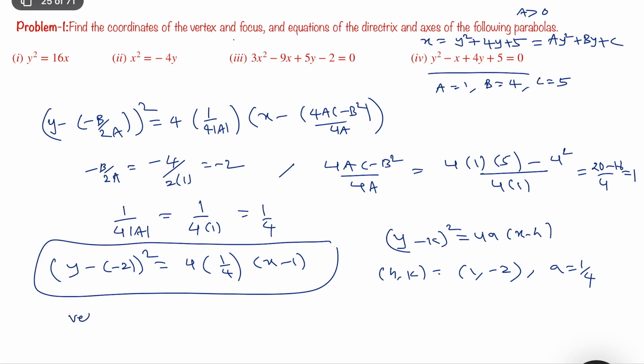Here the vertex we got. Vertex is what? h comma k, that is 1 comma minus 2, and focus is going to be what?